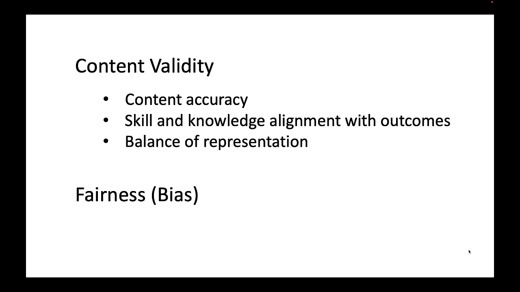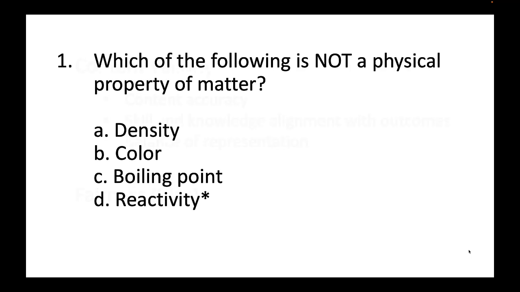To be honest with you, I don't have all 10 items listed, so balance of representation isn't something I'm going to talk about specifically. I'll look at content accuracy, and then I'll also look at fairness, or the bias that might be implicit in some of these items. So let's take a look at the first one.